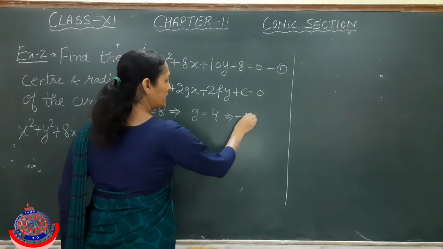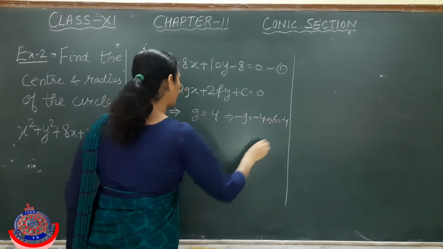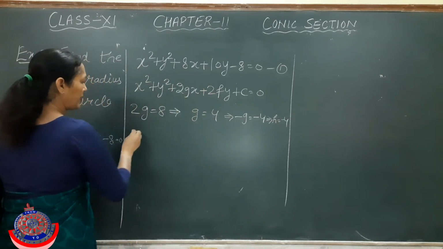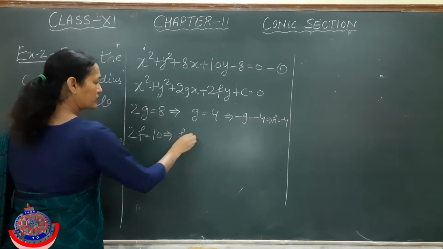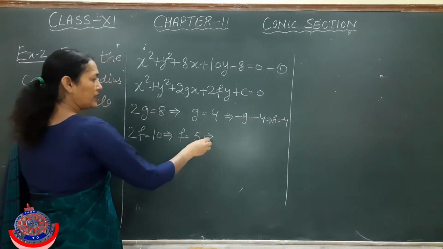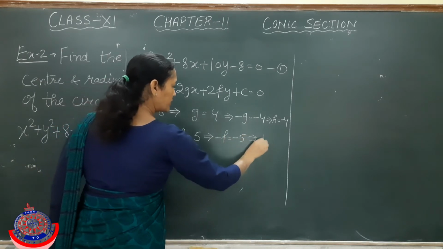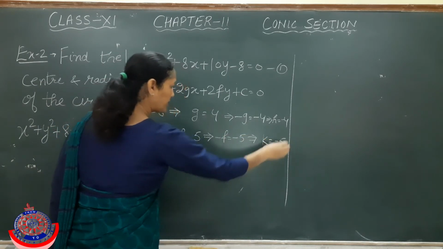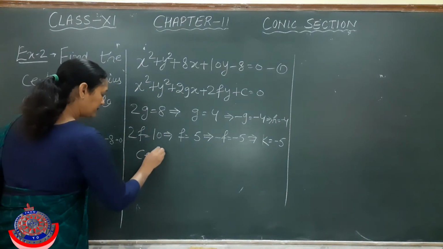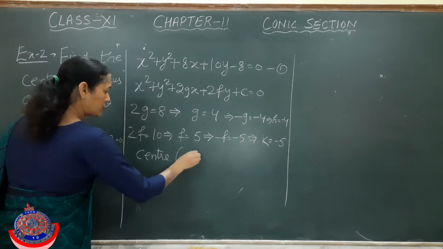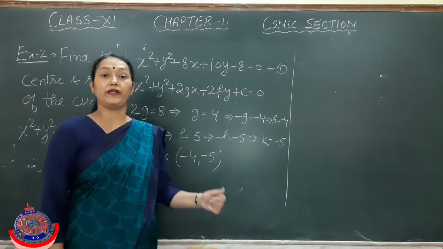So minus g is minus 4, implies h equals to minus 4, and 2f equals to 10 implies f equals to 5, minus of f is minus 5, k is equal to minus 5. So we have obtained center of the circle as (minus 4, minus 5).